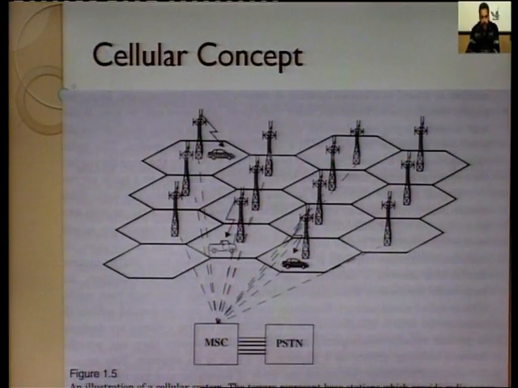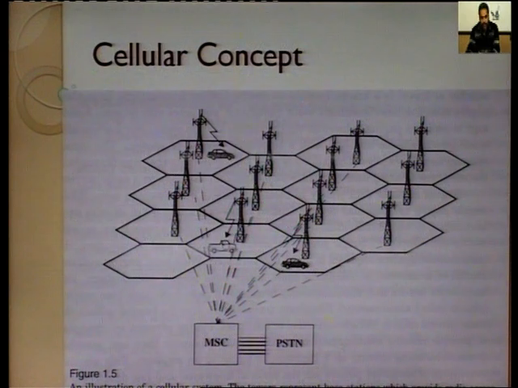In this system, the towers represent base stations, which provide radio access between the mobile users and the mobile switching centers. Mobile users are the subscribers who are moving in these cells carrying their mobile phones, and MSC is the mobile switching center.